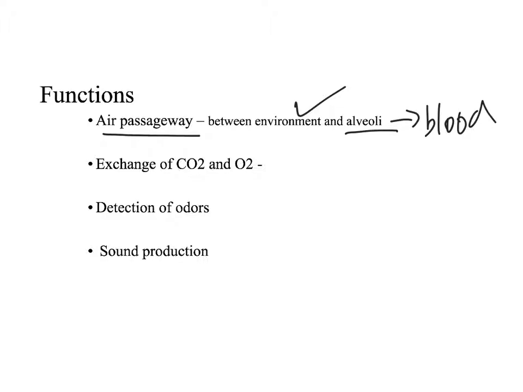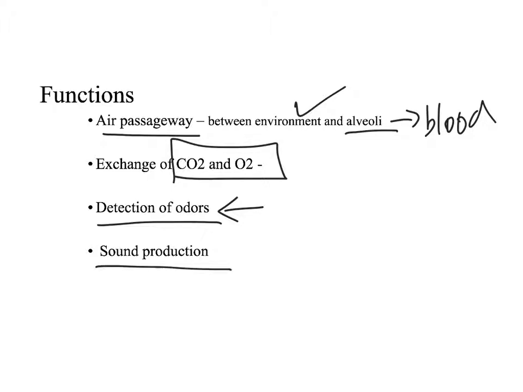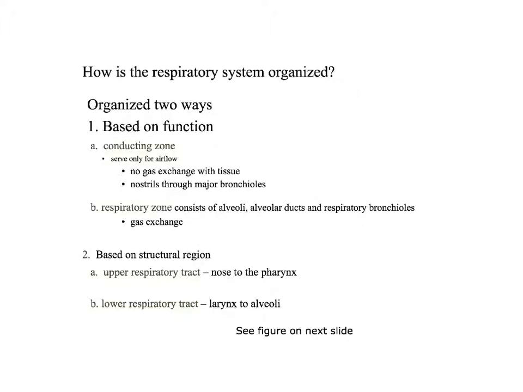It also provides lots of surface area for the exchange of carbon dioxide and oxygen. We use components of the respiratory system to detect odor, which helps keep us alive, because if we smell something bad like gas, it gets us away. And then also sound production, our voice, is considered part of the respiratory system.